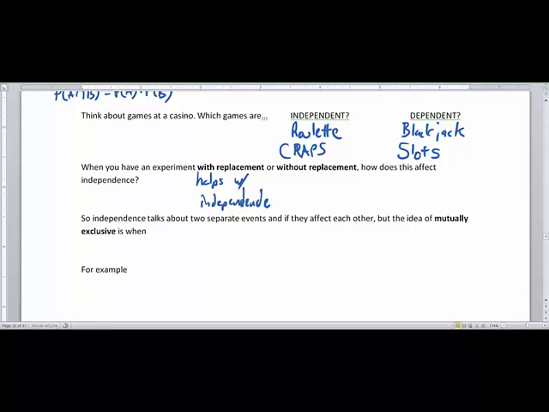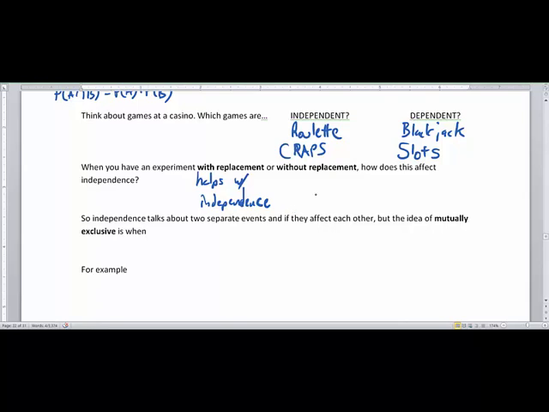Now, the reason why we talk about this idea of helping with independence is, what if you did create a magical blackjack table where every time somebody picked a card, the card magically appeared back into the deck? Now, digital games can do this very easily, where you're given a card, but then it just makes the deck whole again every time you pick a card.